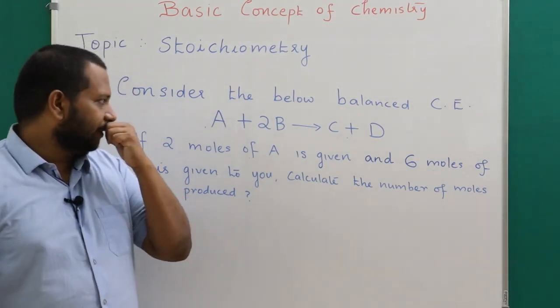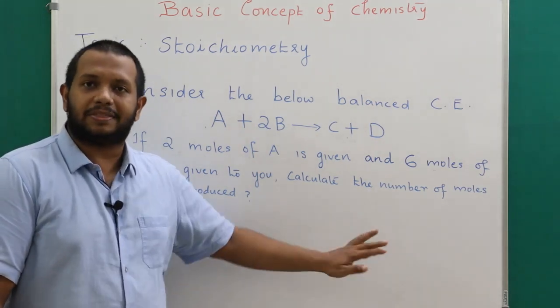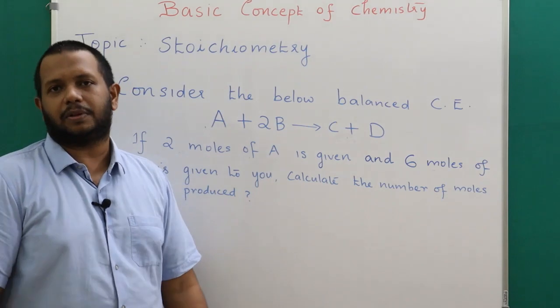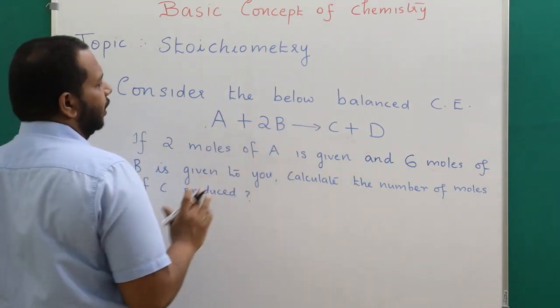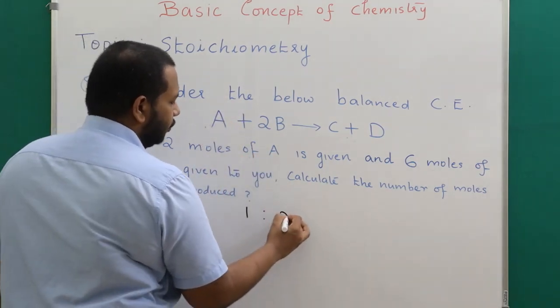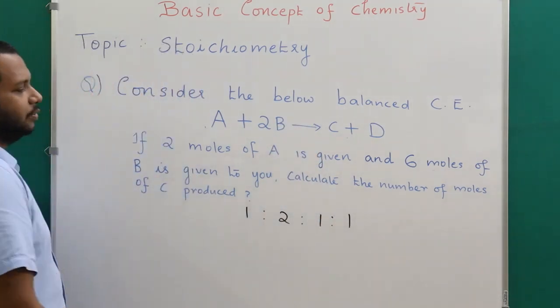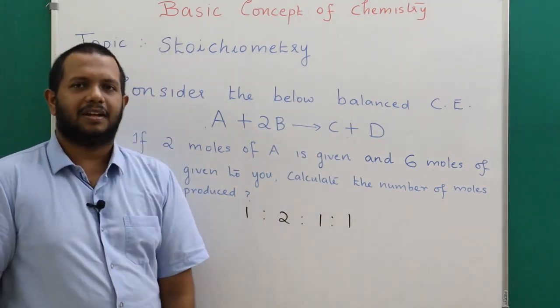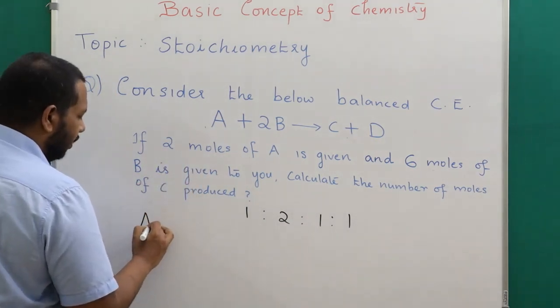Correct? So what is the first step of doing? Again here also we will go by the classical method first, then we will go to our actual method. Listen, what is the stoichiometric ratio? 1 is to 2 is to 1 is to 1. So this is my stoichiometric ratio. Clear? Now, what is the given substance?